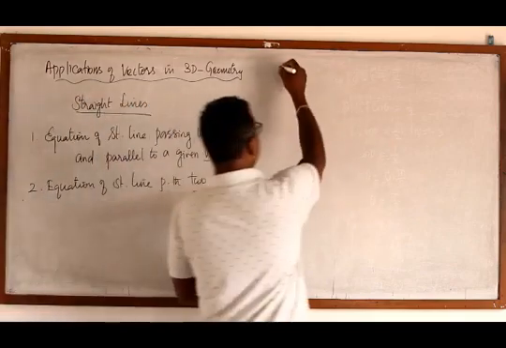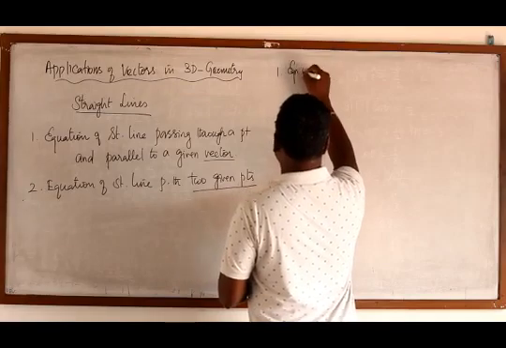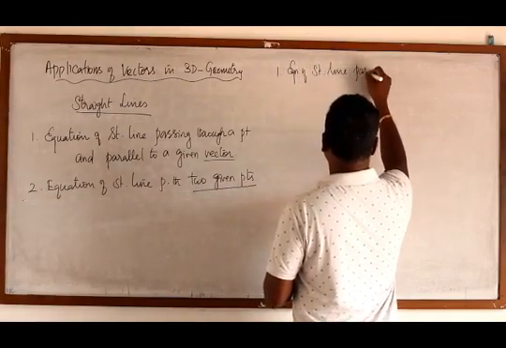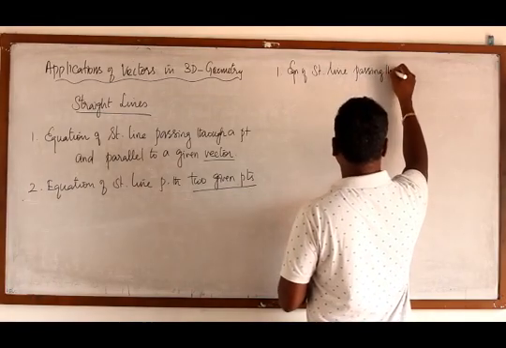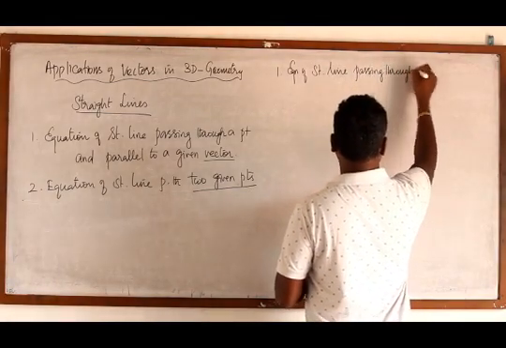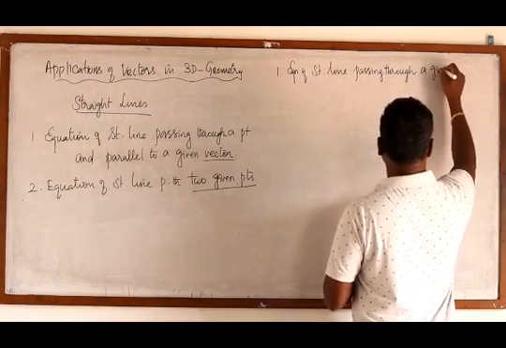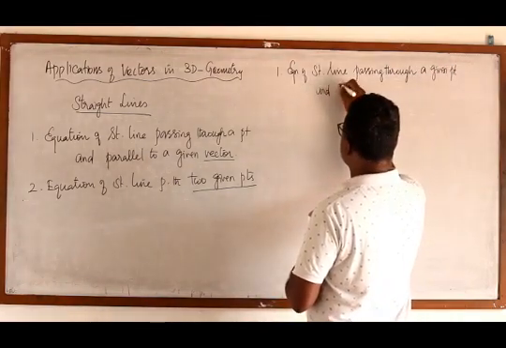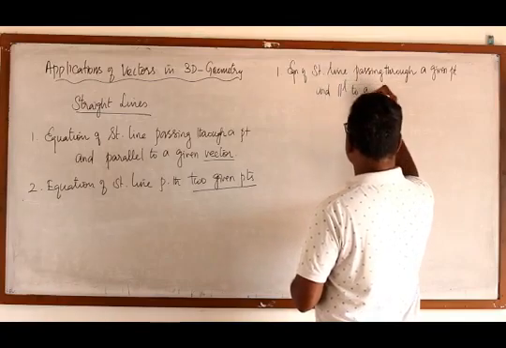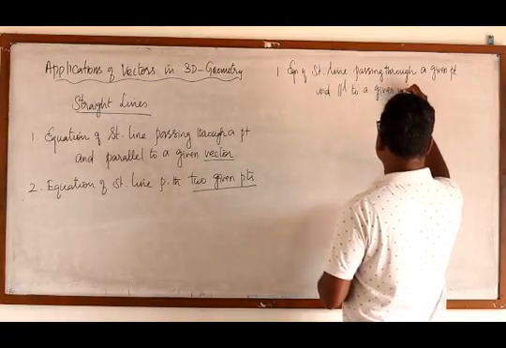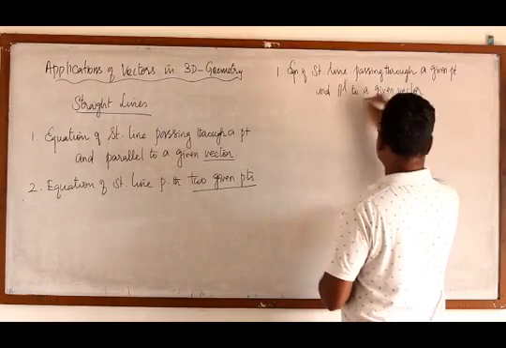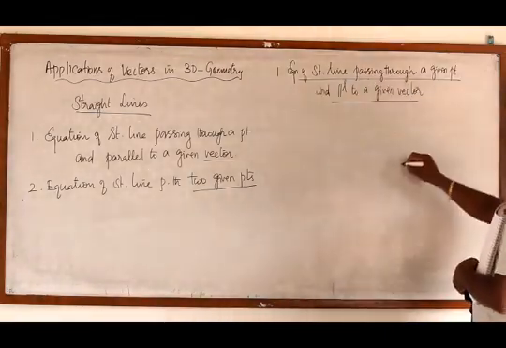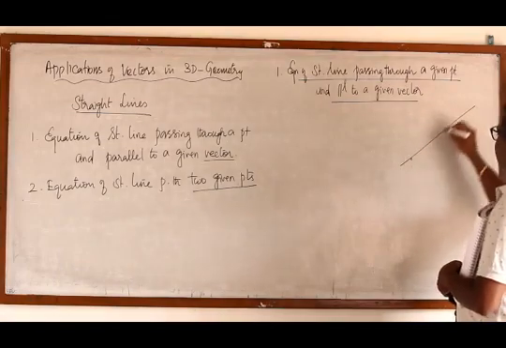So first one, equation of a straight line passing through a given point and parallel to a given vector. This is our first stop. That is, having a straight line.